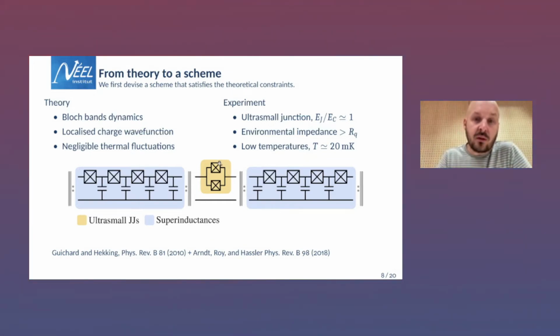So our device is made of a small Josephson junction, so a small EJ over EC ratio. We used a SQUID geometry, so it's flux tunable. And then on the left and on the right, we used very long arrays of large Josephson junctions, which can be seen as inductors with capacitances to ground.